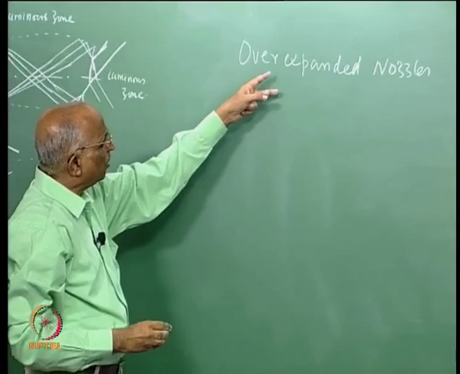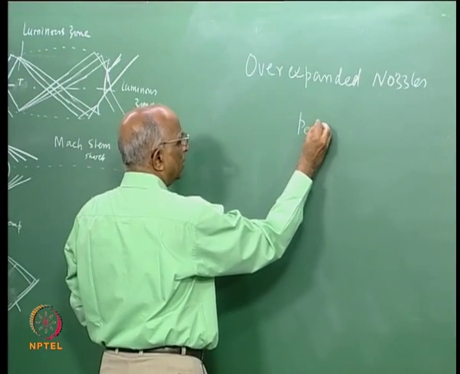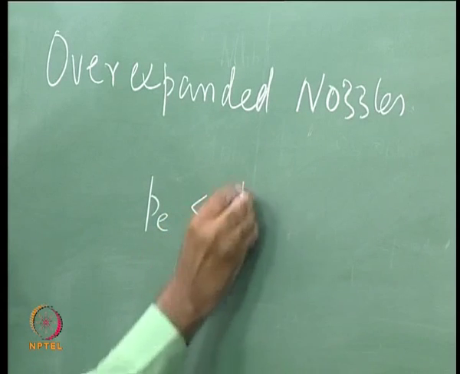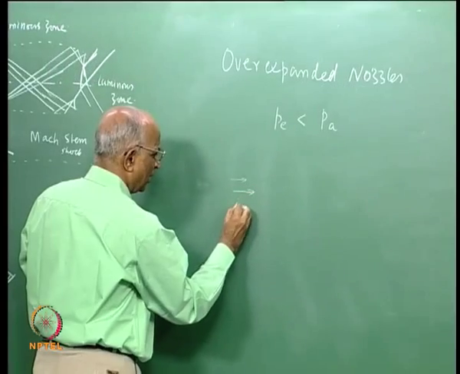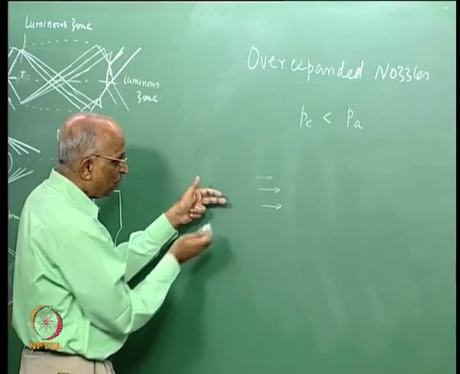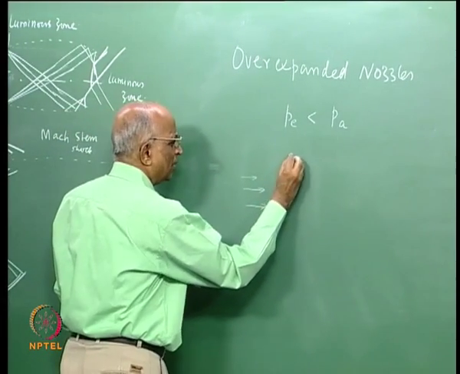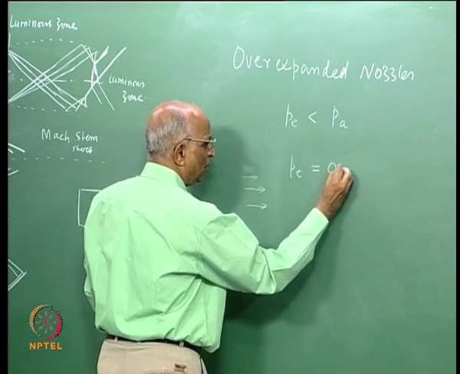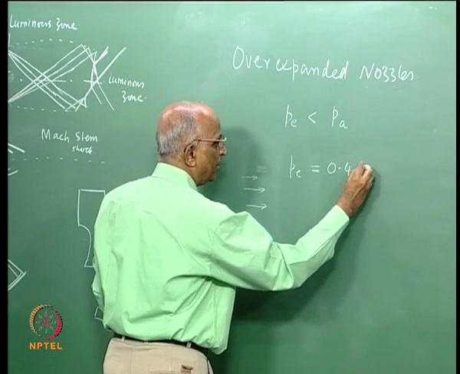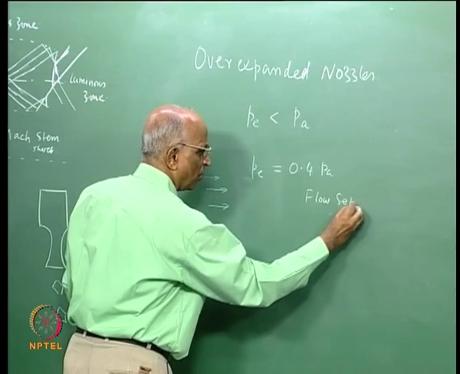We told ourselves the nozzle over expands, that means PE is less than the value of PA, right. This is the condition, but in general gas is flowing at high velocity in the divergent part of the nozzle, and therefore you have a lot of inertial forces. In practice, only when the exit pressure is something like 0.4 times the ambient pressure do I have this problem of flow separation and shock formation.